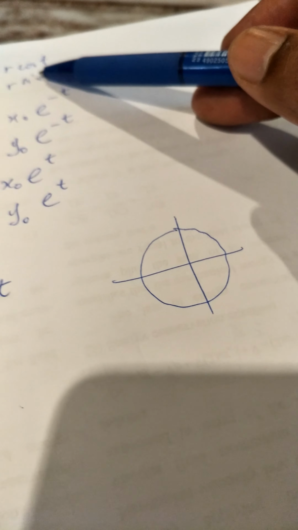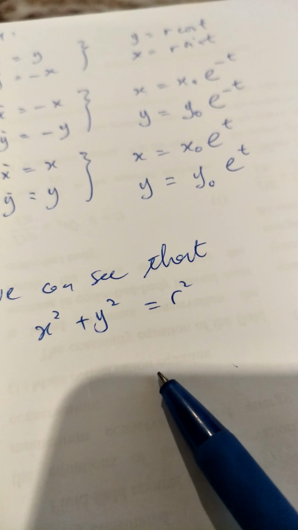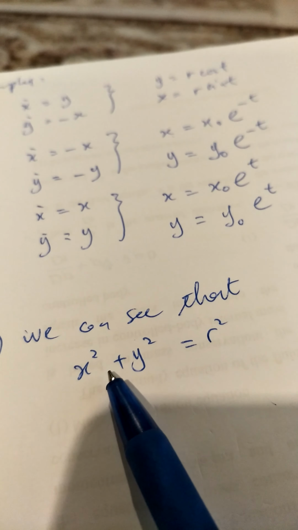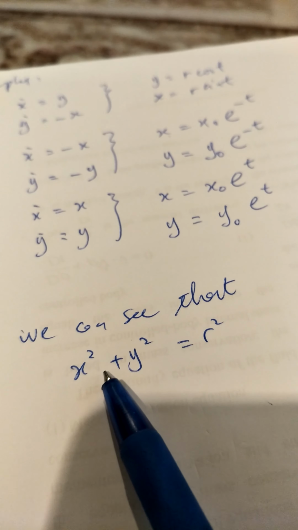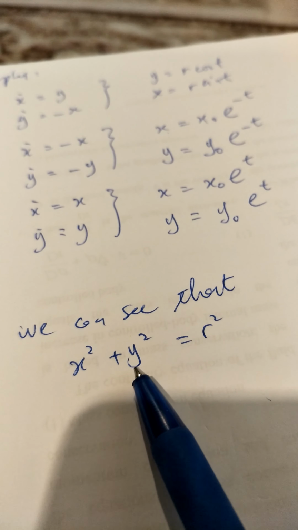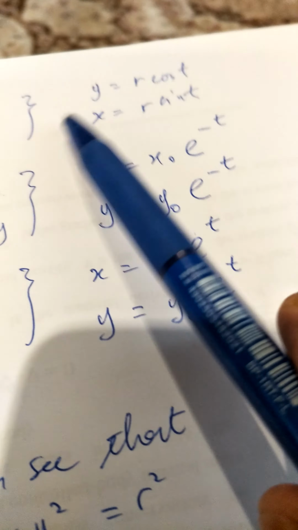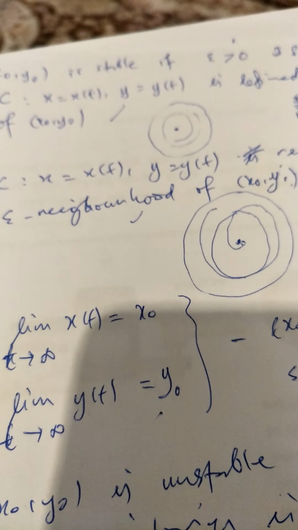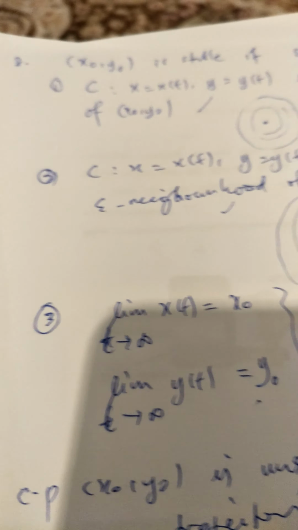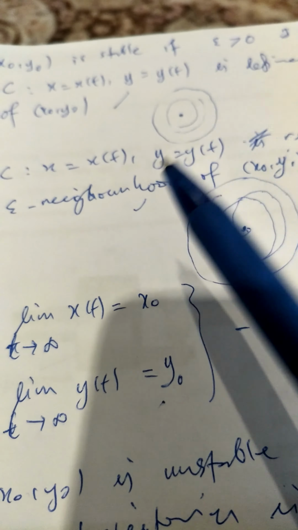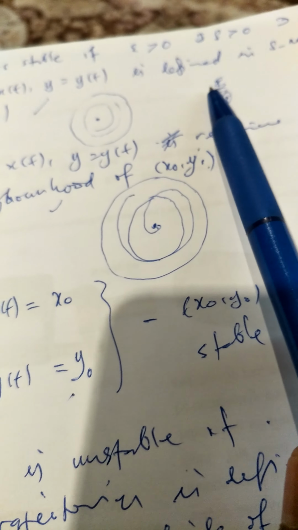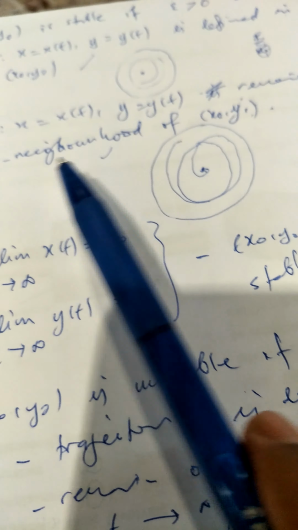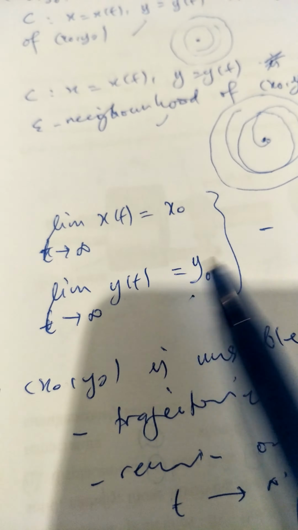So we can see here the solution itself. Look at the condition given beforehand. Yeah, this is the definition of stable. Our trajectory is defined in the delta neighborhood and remains in the epsilon neighborhood, and we have the other condition here.